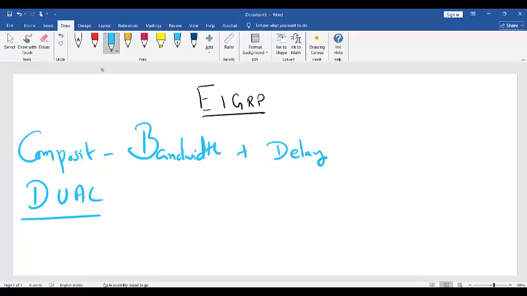The path with the lowest composite metric is the best path. So, Enhanced Interior Gateway Routing Protocol, which is designed and proposed by Cisco, uses this DUAL algorithm.